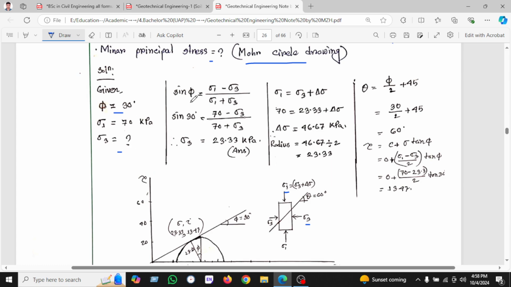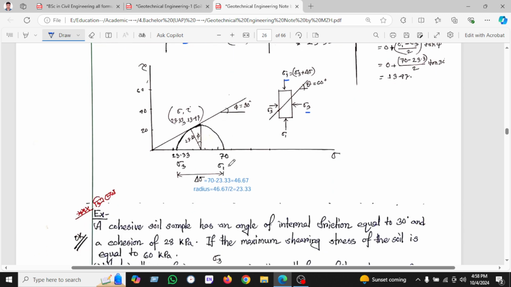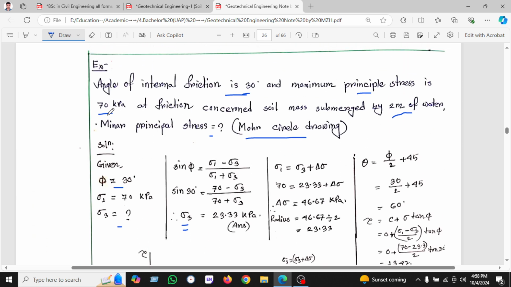So let's use this formula: sin φ equals (σ1 − σ3) / (σ1 + σ3), and we find σ3, which is 23.33. We know σ1 is 70.